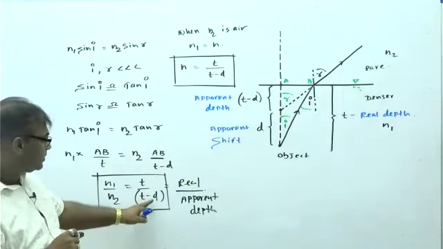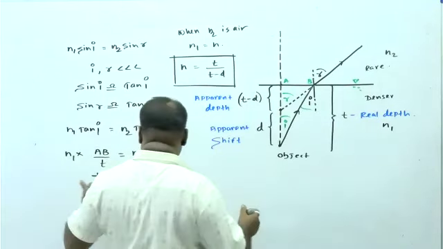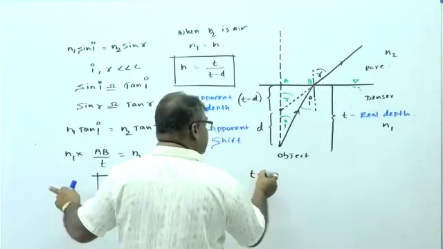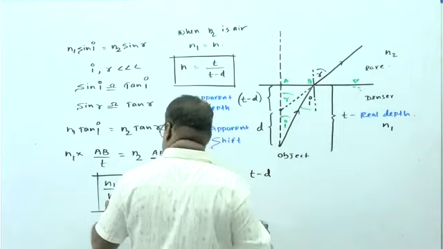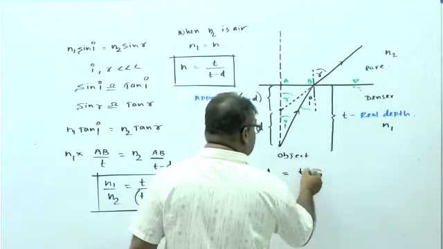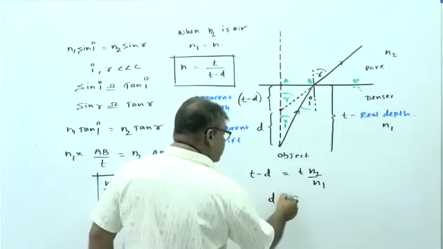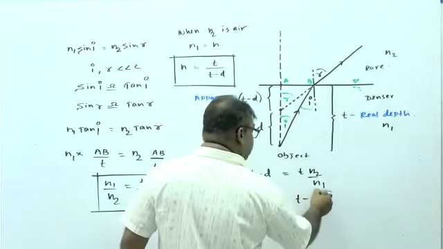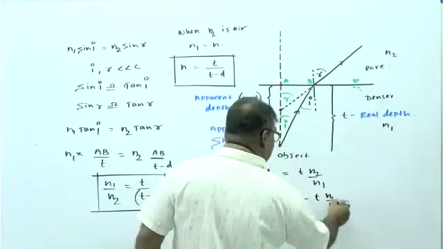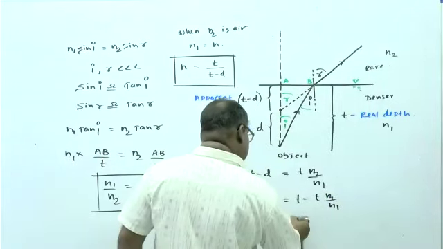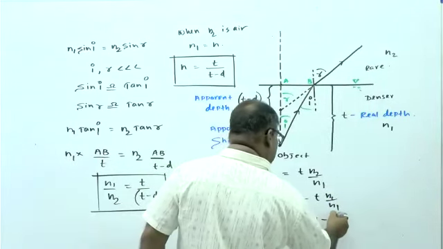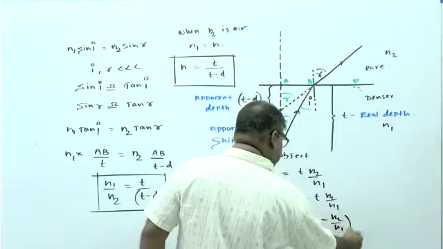And rearrangement. T minus D, N2 goes to the other side: N2 over N1. Subject is D. D equals T minus T N2 over N1. Then D becomes T times 1 minus N2 over N1.